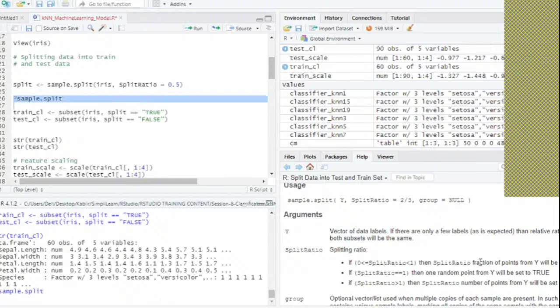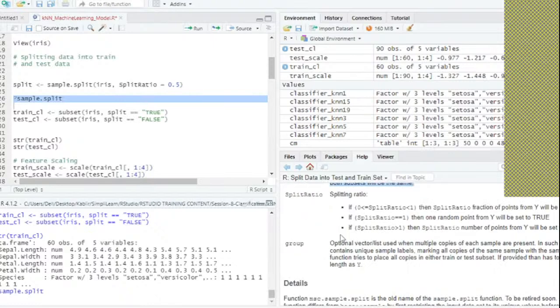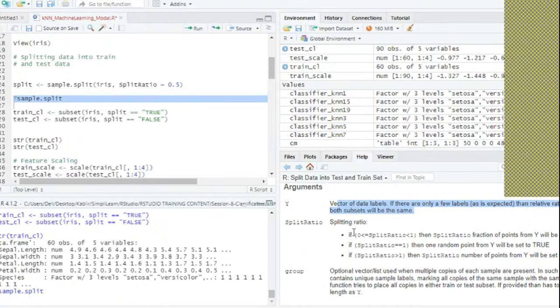Fractional of the points on y will be set as true. Okay, then random point 0 to 1.